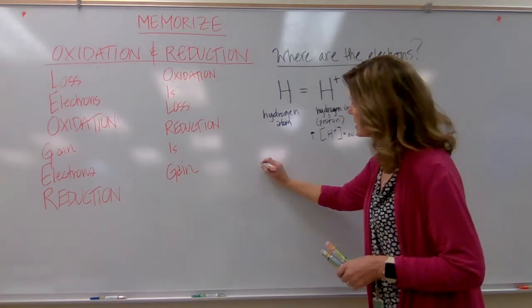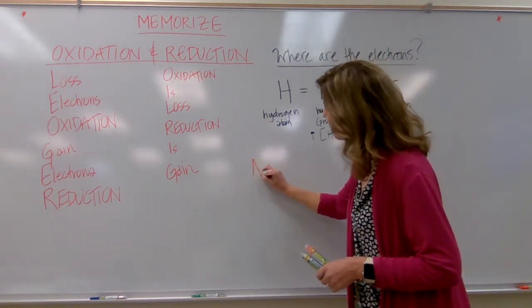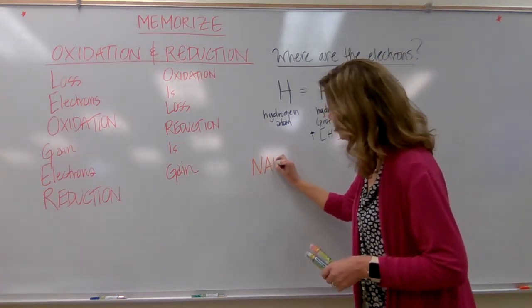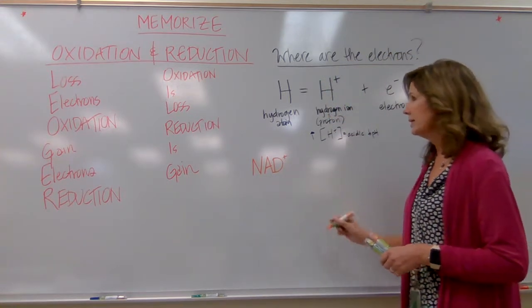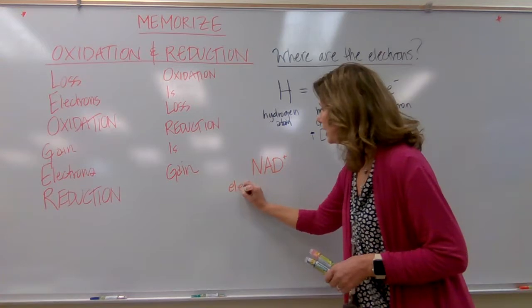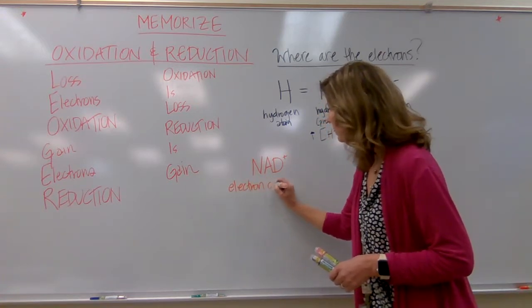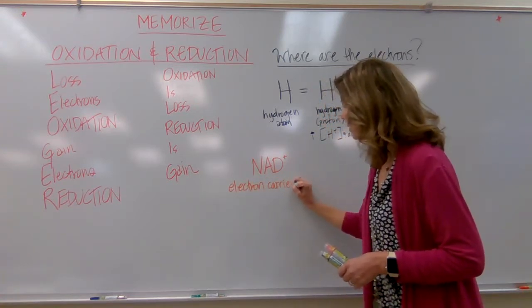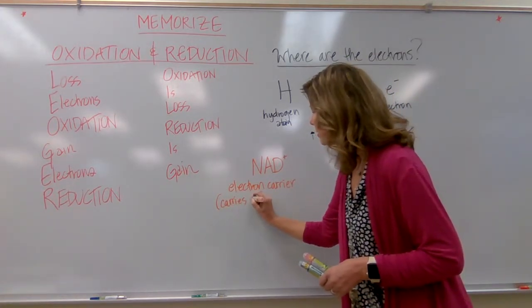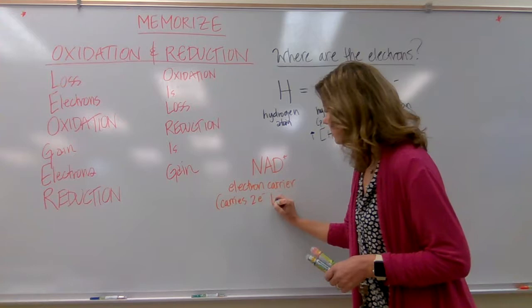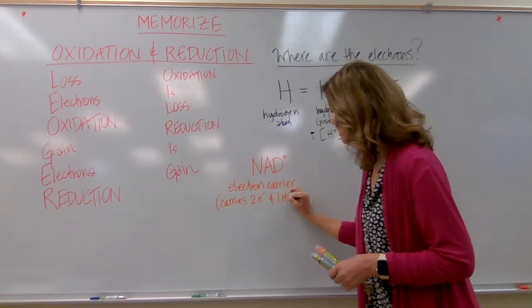And for our class, the carrier of electrons is going to commonly be this molecule NAD. So NAD is going to be our electron carrier, and it carries 2 electrons and 1 proton.